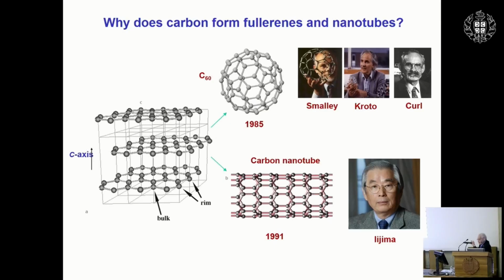The pioneers were actually Kroto, Smalley, and Curl, who discovered C60, a hollow structure made from carbon. Then came Iijima, who discovered in 1991 the carbon nanotubes, or rediscovered them because they were already known in the literature, but he really interpreted the structure.